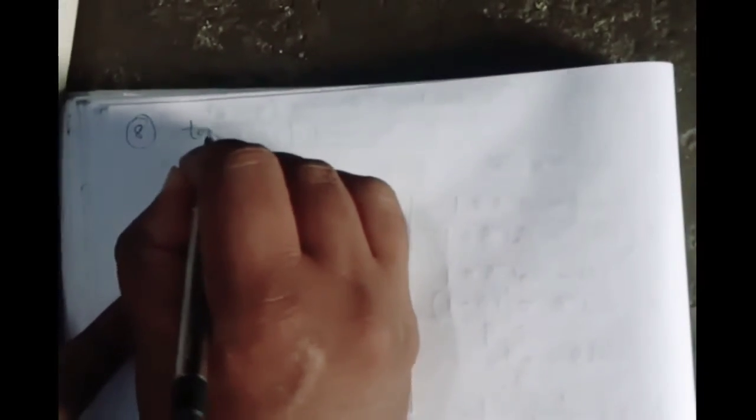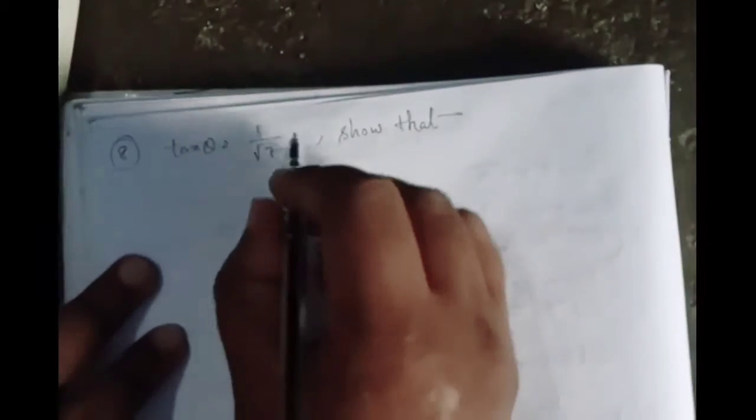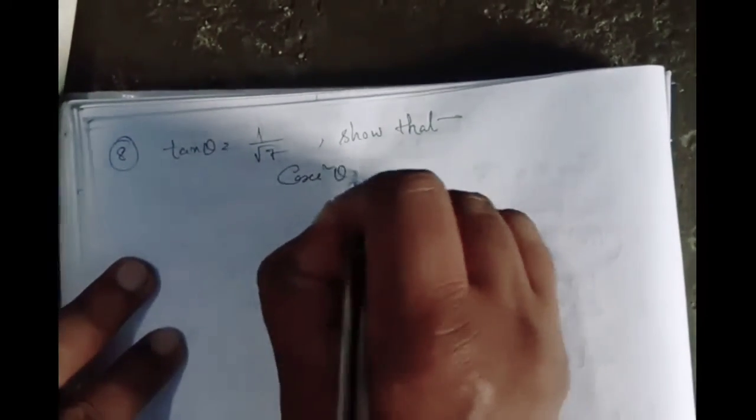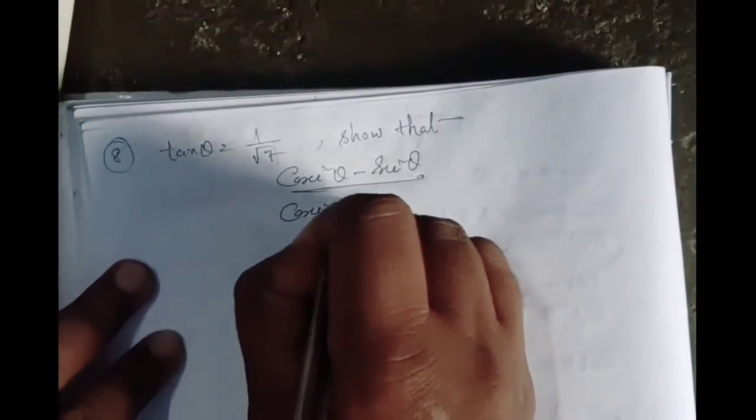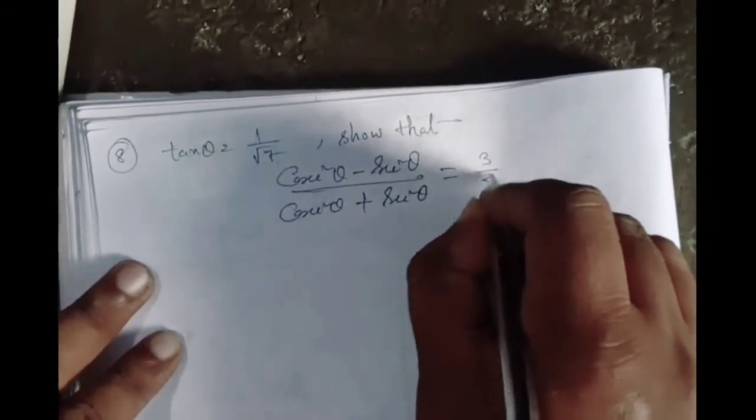Now next, move to question number 8. Question number 8, it is given tan theta is equal to 1 by root 7. We have to show that (cosec square theta minus sec square theta) by (cosec square theta plus sec square theta) equals 3 by 4.